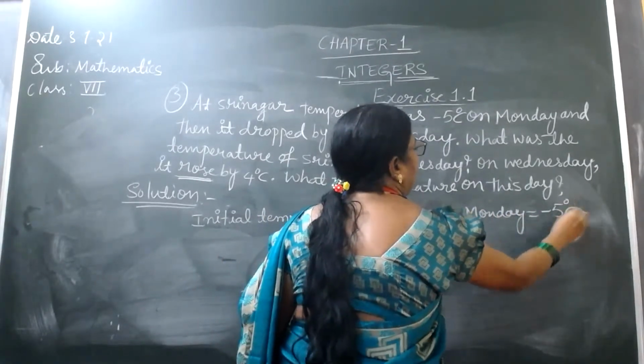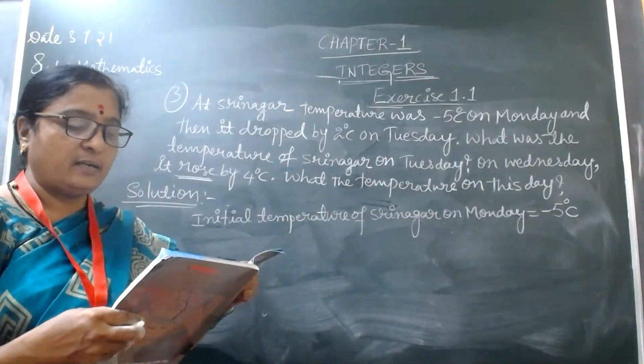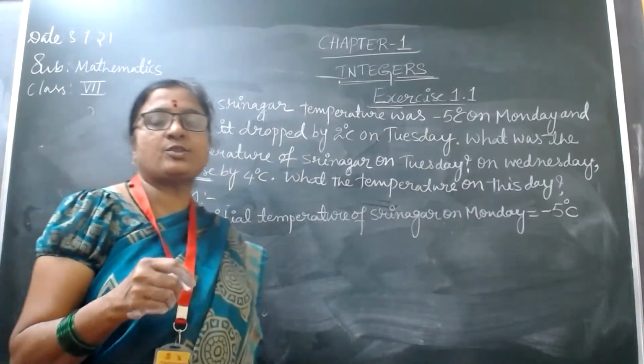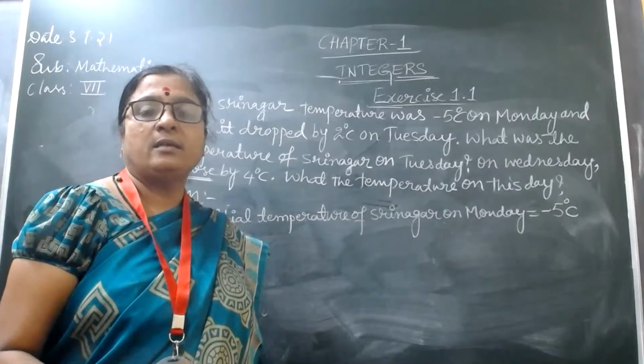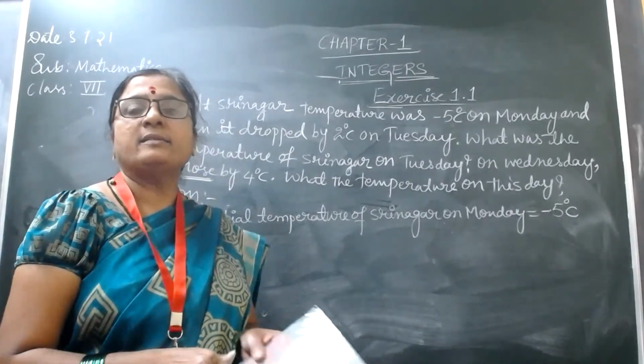Minus 5 degrees Celsius. And what happens, student? Again, it drops by 2 degrees Celsius. Drop means decreased. Drop means what, student? Decreased by 2 degrees Celsius.